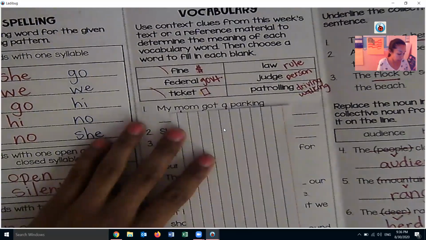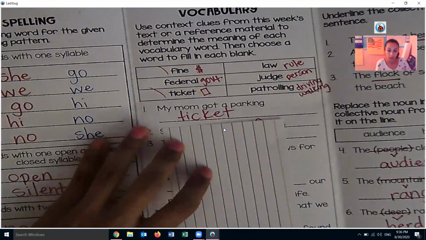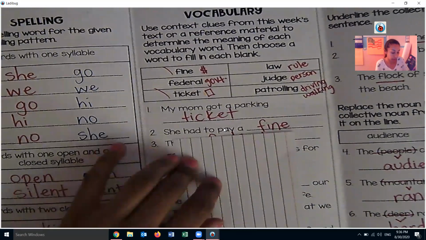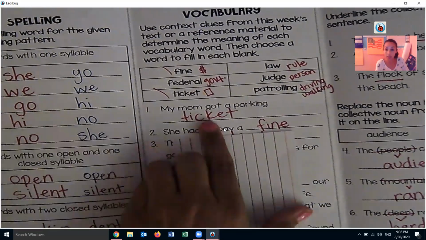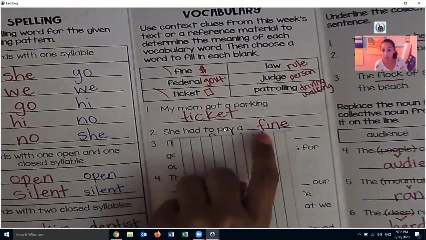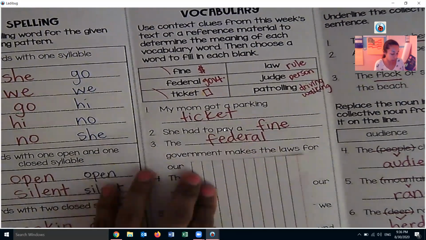So number 1, we have, my mom got a parking ticket. And number 2, she had to pay a fine. So ticket is again, the piece of paper that tells you what law has been broken. Fine is the money that you need to pay as a punishment for something. The federal government makes the laws for our country.